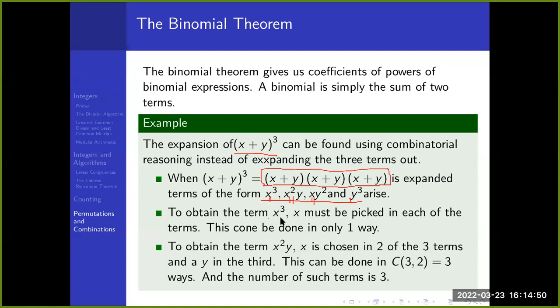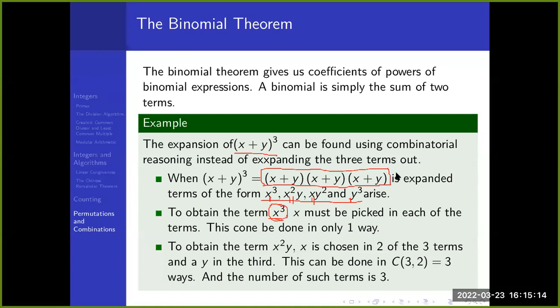So the first term is x cubed that we'll look at. How do we obtain x cubed? When you're multiplying this out to obtain x cubed, you need to have an x from each of the factors. Each of these three factors will have to contribute an x. So you can do that in only one way, right?